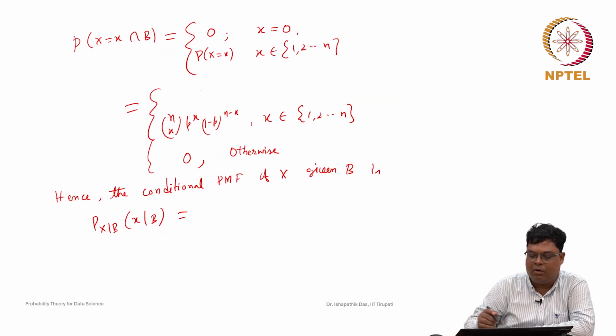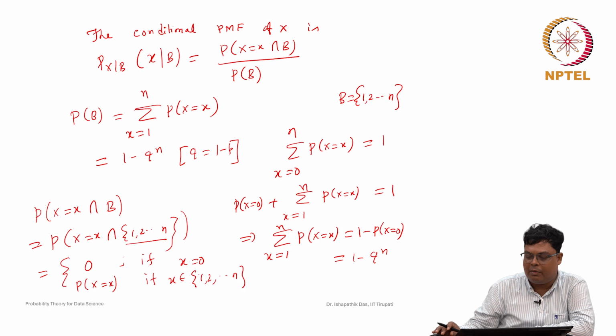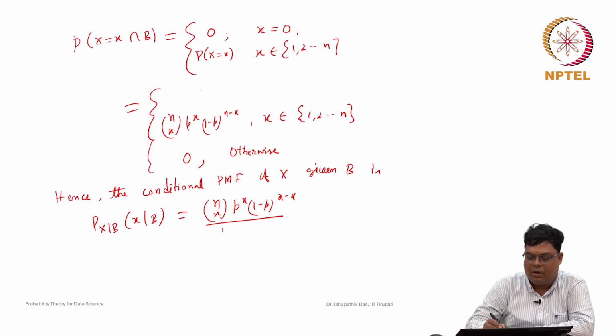This is nCx p to the power x (1 minus p) to the power n minus x, divided by the probability of b, which we computed as 1 minus q to the power n, whenever x is 1 to n. This is equal to 0 otherwise.